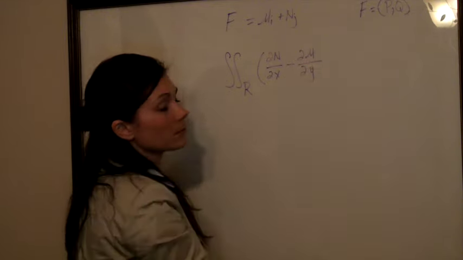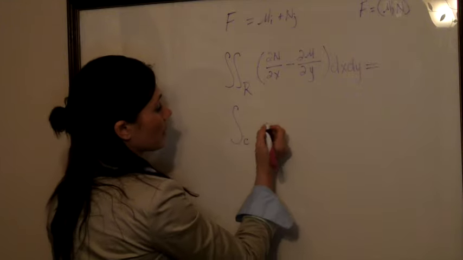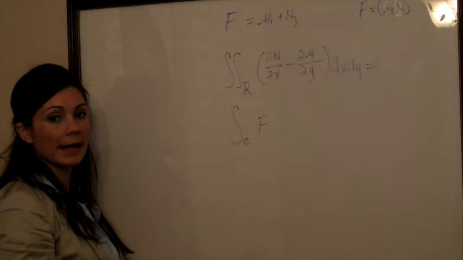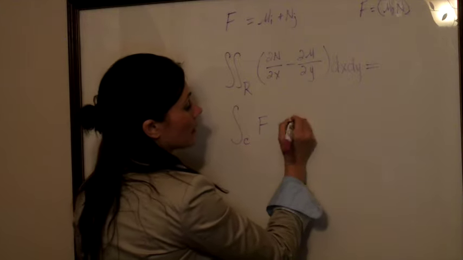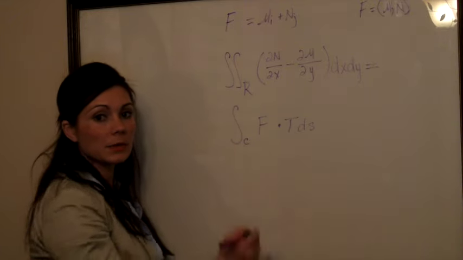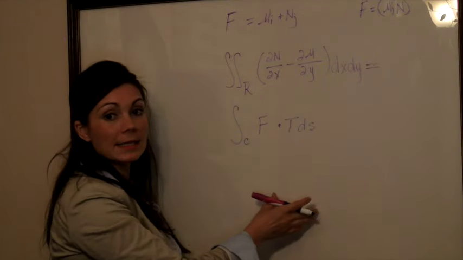Up here, this should actually be F equals M, N instead of P, Q. Once we have that, that's going to equate to our single integral of F times T ds.